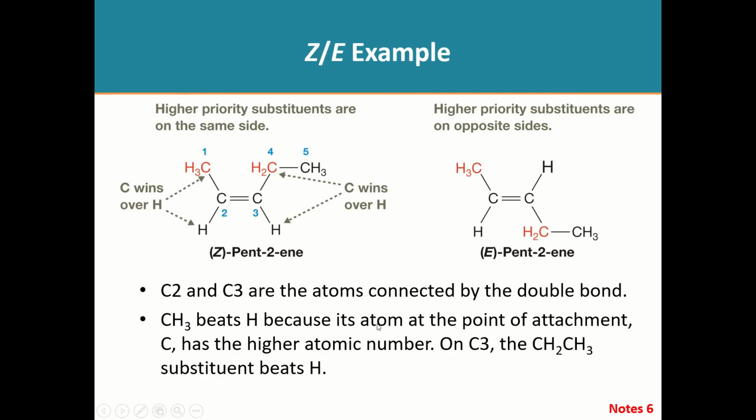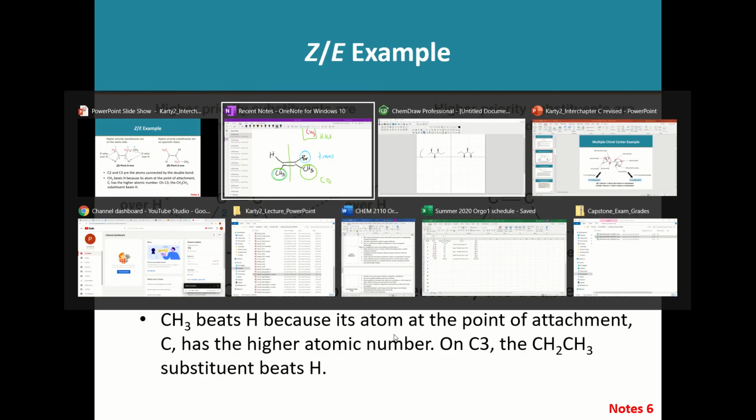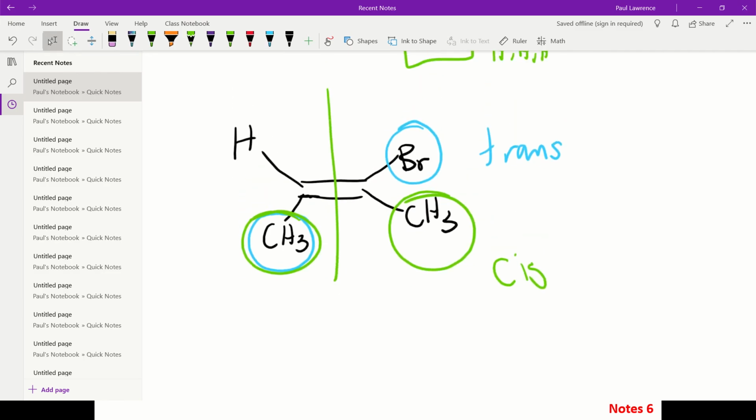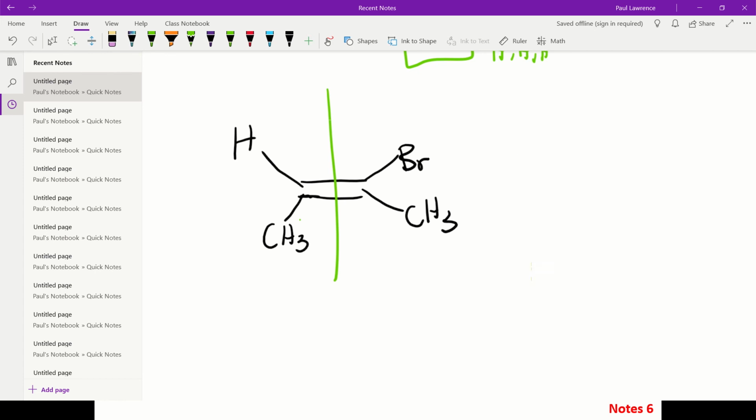So if you look at this example, let's just go back to this molecule right here. So what type of isomer is this? Is it an E or a Z? Well, we do our process. Divide the molecule in half, identify the highest priority. Okay? Those are on the opposite side.